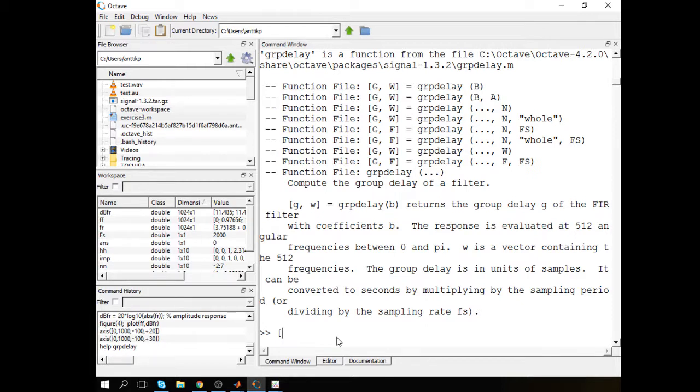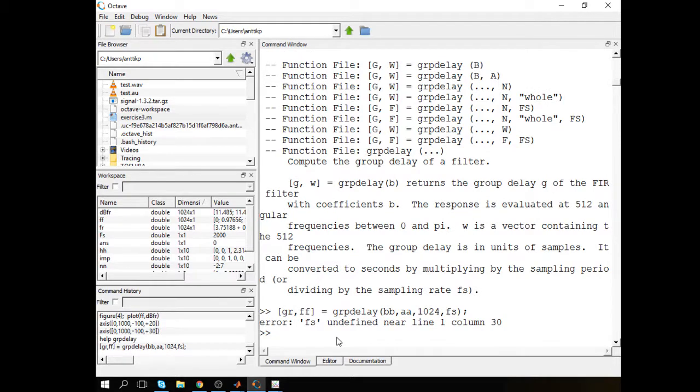So gr, ff equals grpdelay of bb, aa, 1024 points and fs.